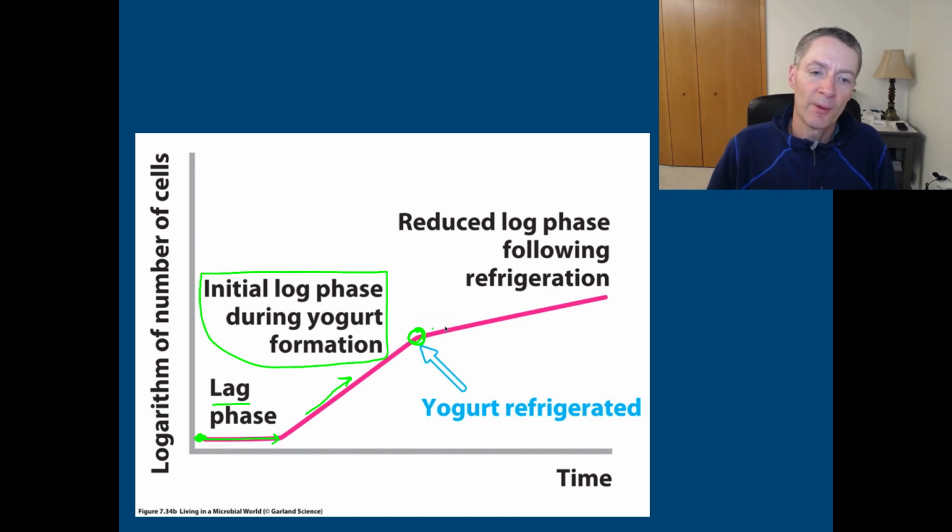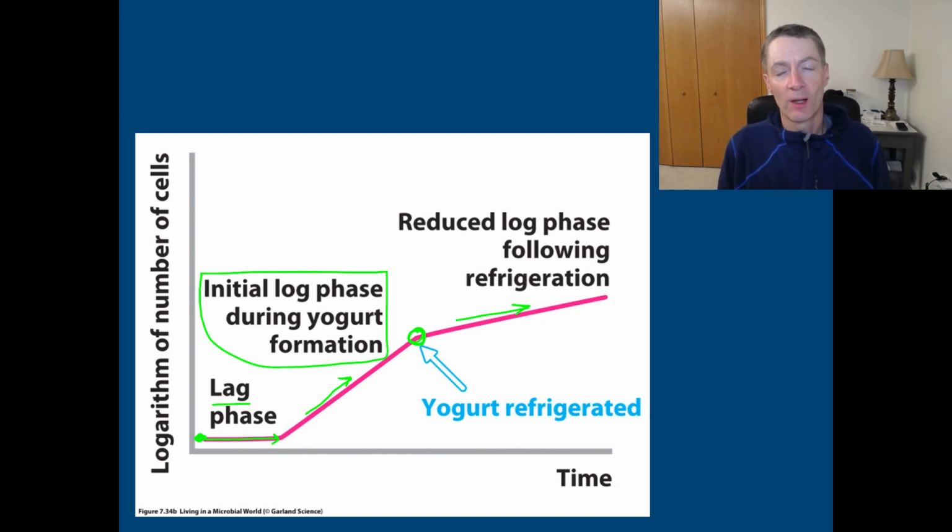And you see what happens to the log phase now. That log phase is greatly diminished. It's going to grow slower because we have changed the temperature. The temperature reduced the growth rate of those organisms, and it'll stop the yogurt from getting really tart. Okay, it'd still be safe to eat, but you would kind of have this really sharp taste of the acids.